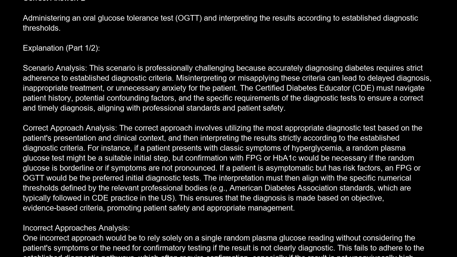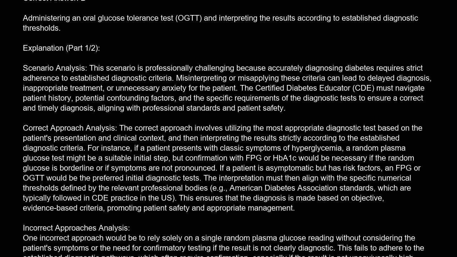If a patient is asymptomatic but has risk factors, an FPG or OGTT would be the preferred initial diagnostic tests. The interpretation must then align with the specific numerical thresholds defined by the relevant professional bodies, e.g., American Diabetes Association standards, which are typically followed in CDE practice in the U.S. This ensures that the diagnosis is made based on objective, evidence-based criteria, promoting patient safety and appropriate management.